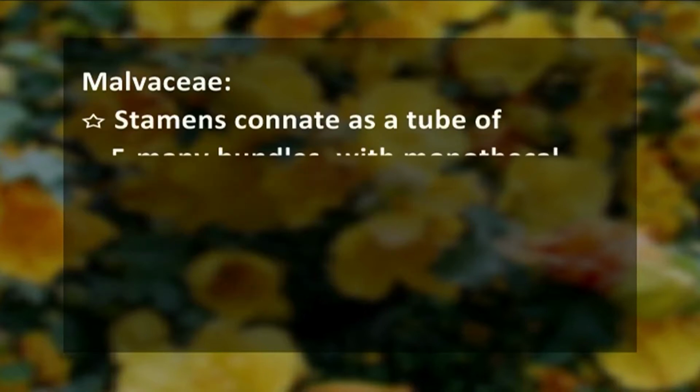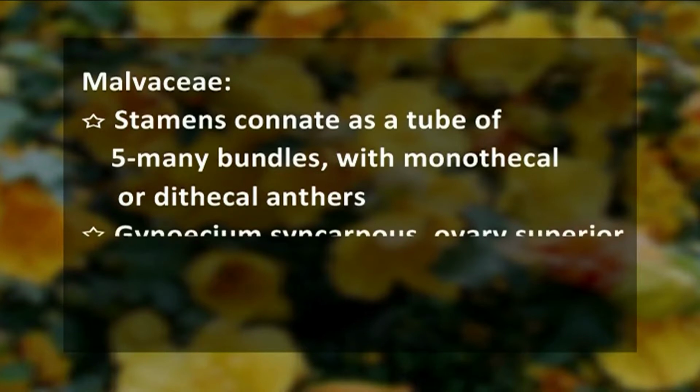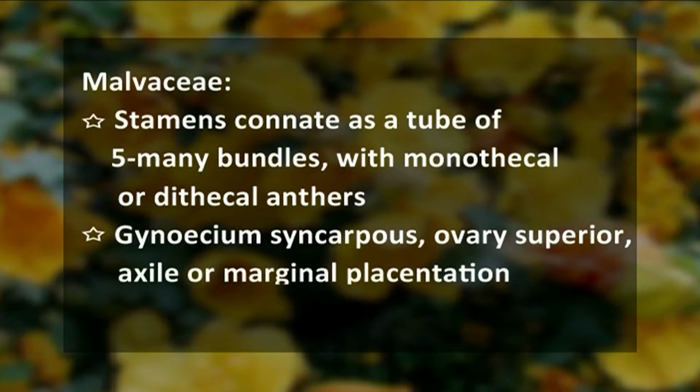The stamens are connate as a tube. This tube may form 5 or many bundles with monothecal or dithecal anthers. The gynoecium is syncarpous and the ovary is superior. Placentation is commonly axile, or rarely it can be marginal. And lastly, the fruit is a capsule.